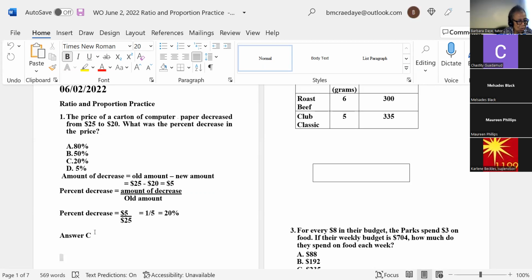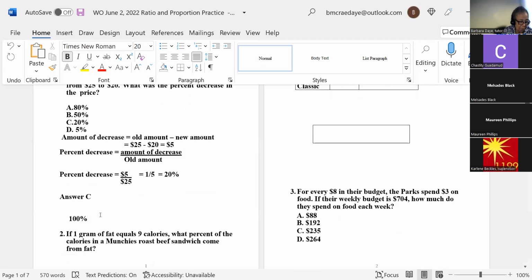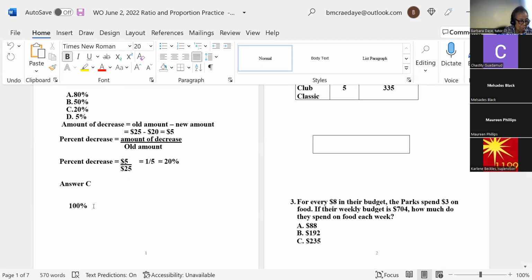And if you understand it, you can use it for pretty much all kinds of problems, right? So to do it ratio proportion, you would say 100% represents the old amount. Put that over the old amount. And the old amount is what? 25.